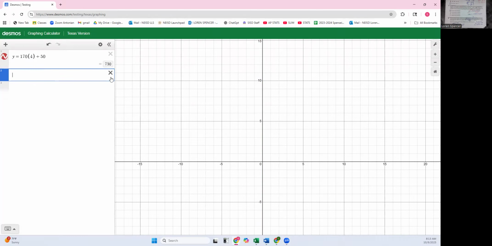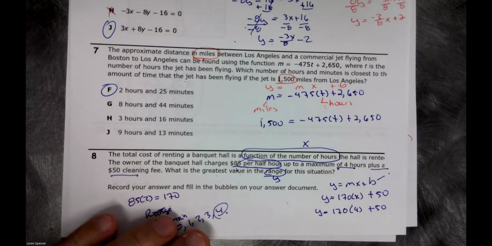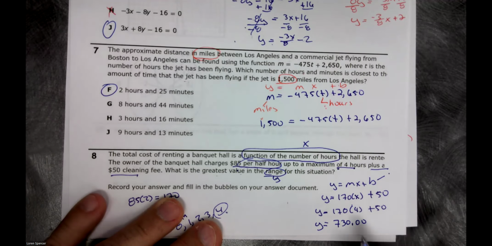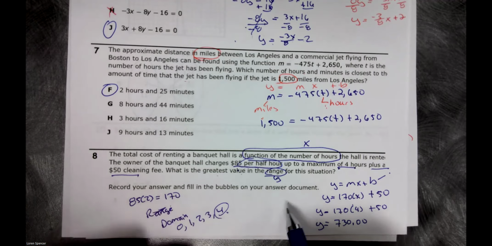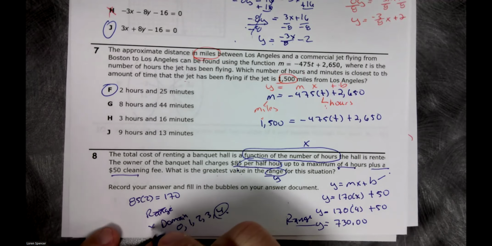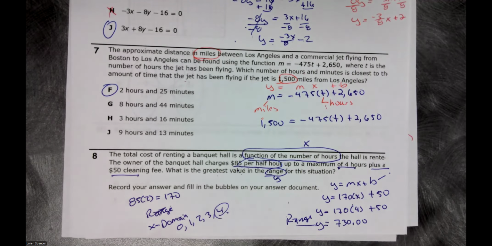So $730 for that banquet hall. So y equals 730.00. And remember the y values are the range. This is the range. The x values are the domain, so they're your inputs. Moving on.